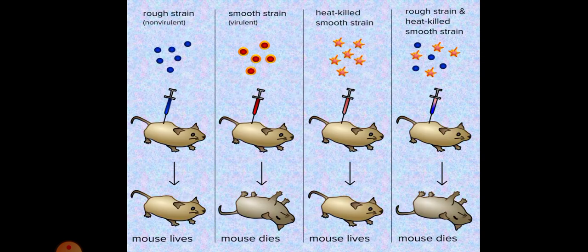Griffith chose the two strains, the rough strain and the smooth strain. When the rough strain, which is non-virulent, was injected into healthy mice, he found that the mice lived. Then he chose the other strain, the smooth strain, which was virulent or pathogenic, and injected it into healthy mice.